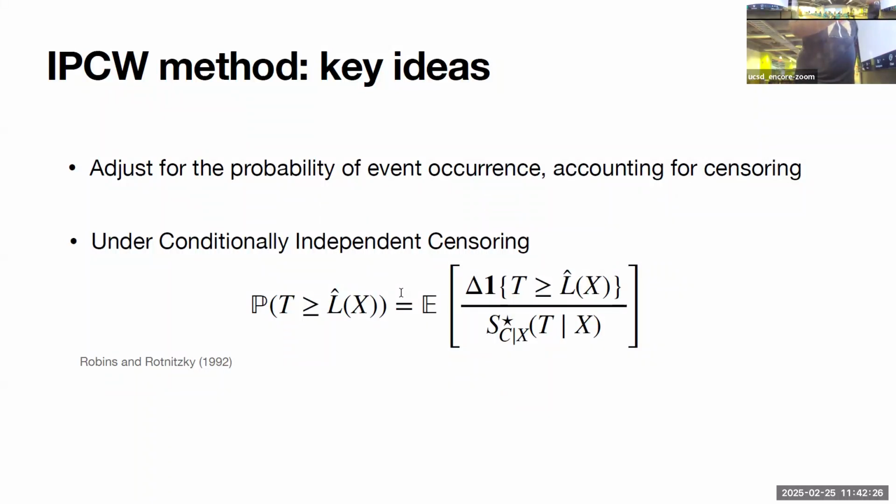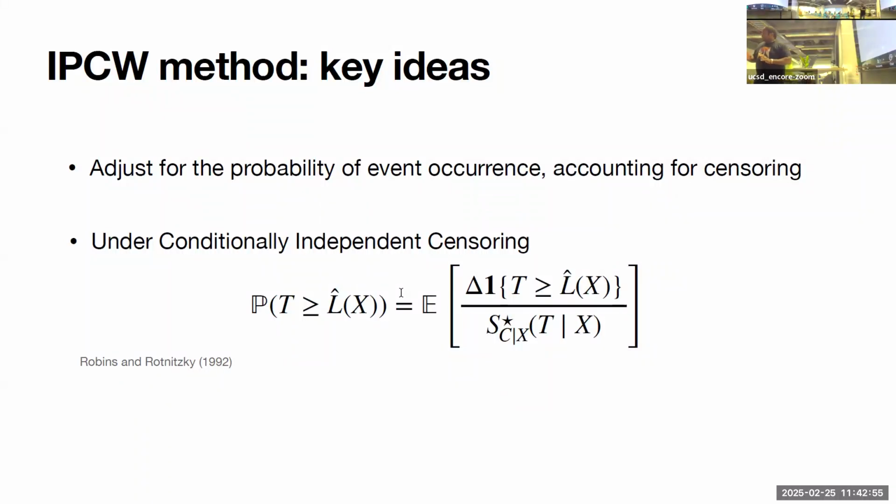I want to calibrate this probability, okay? And so once I have an unbiased estimator for the probability that I want to calibrate, I can now try to construct an L hat such that this probability is greater or equal to 1 minus alpha. That's known as calibration. So I'm going to pick my L hat as my prediction rule. I'm going to build my prediction rule such that this is satisfied and this quantity, the left-hand side, is greater or equal to 1 minus alpha.